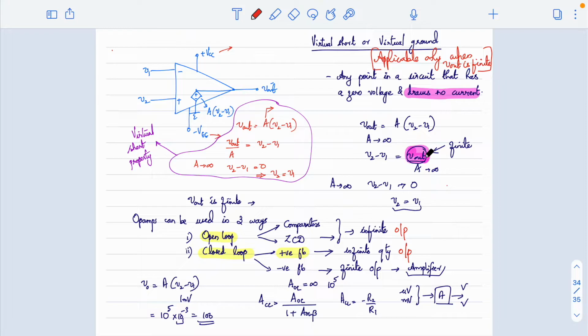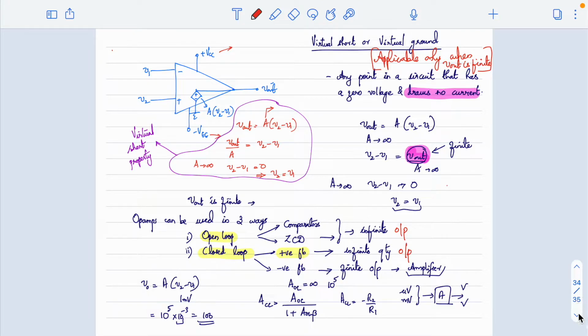In positive feedback, and when you use an op-amp in open loop mode, your output tends to grow, and because of power supply limitation, the output gets saturated at plus Vsat and minus Vsat, and in both cases we are not considering the output voltage as a finite quantity. Therefore, we cannot use the concept of virtual short or virtual ground whenever the op-amp is configured in a positive feedback or in an open loop configuration, right?